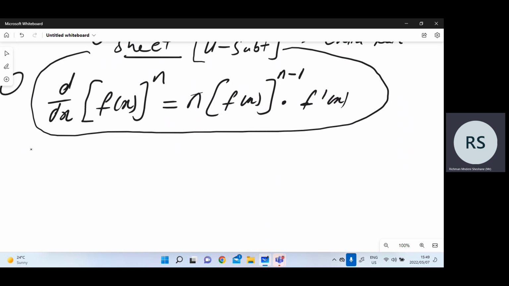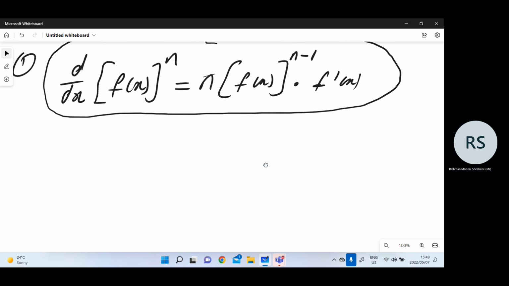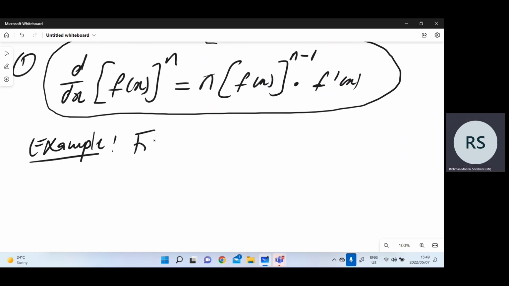Let's look at examples applying this formula. Always the question would say find the derivative, okay?